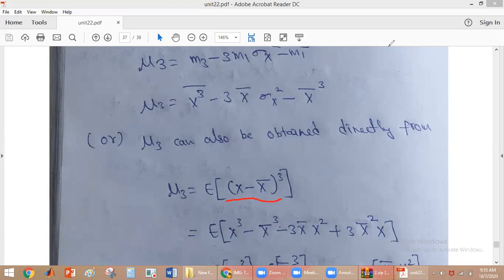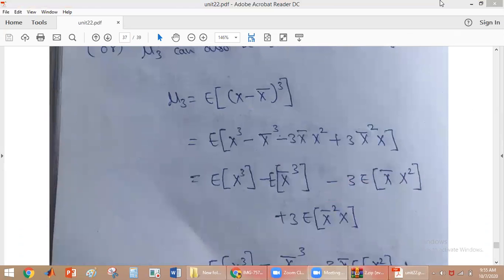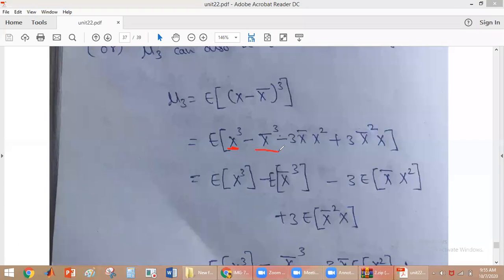So now we apply expectation to each and every term. If we apply expectation to each term, we will be getting expected value of x cube minus expected value of x bar cube minus 3 times expected value of x bar x square plus 3 times expected value of x bar square and x.